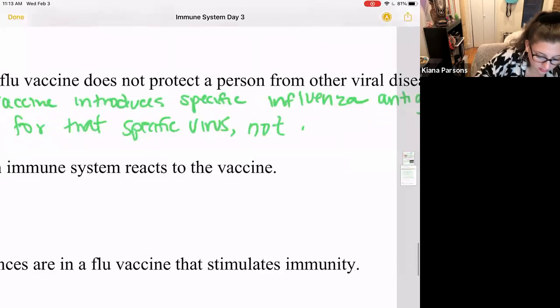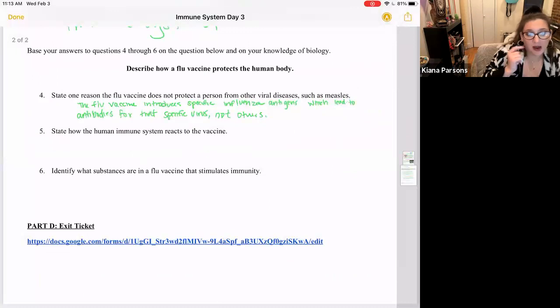Not others. So vaccines cause a specific response.